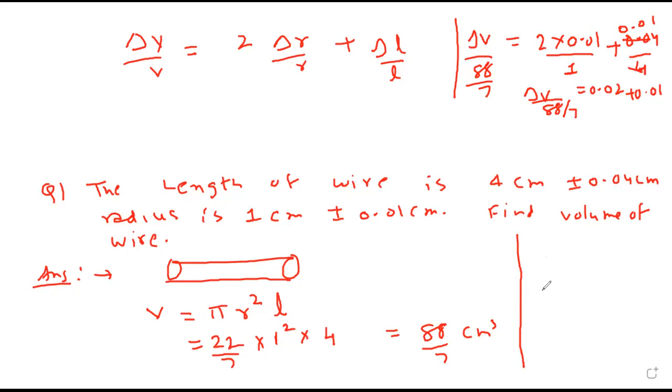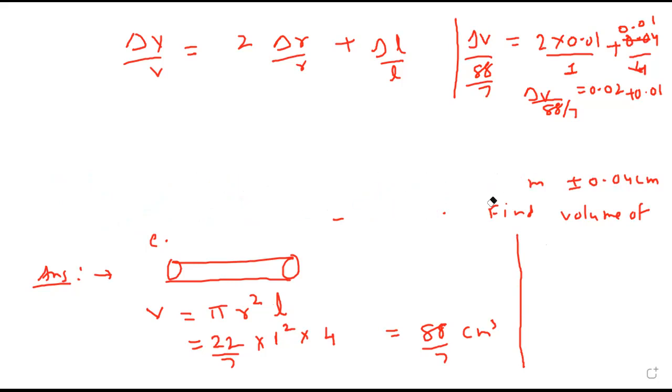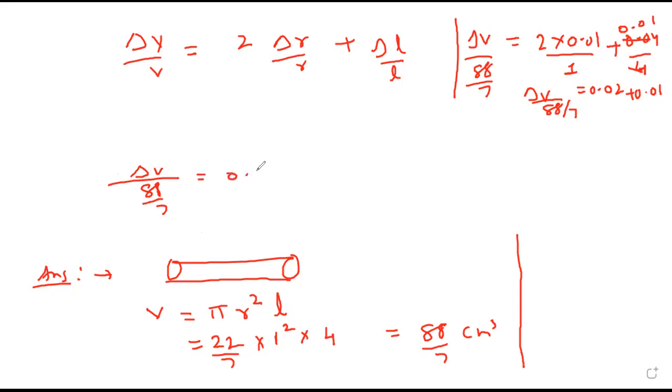So it became 0.02 plus 0.01. 24 and 2 26 after 2-digit decimal upon 7.